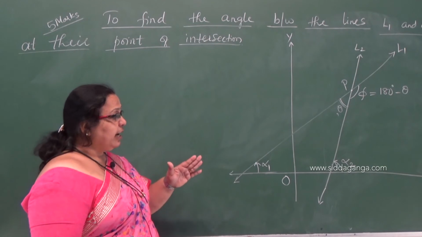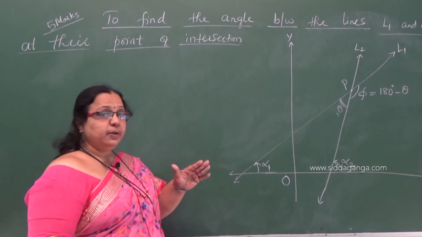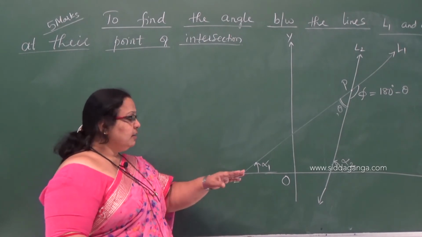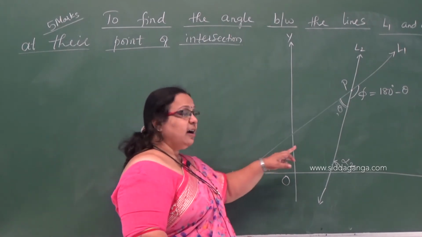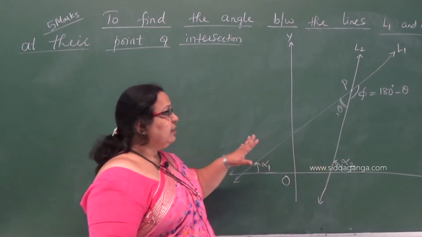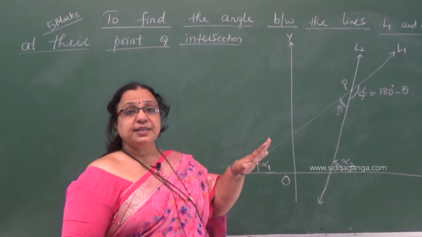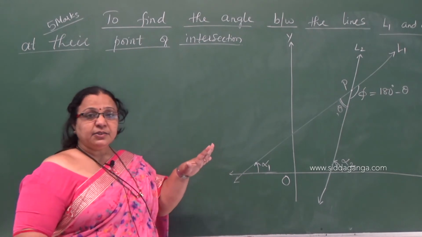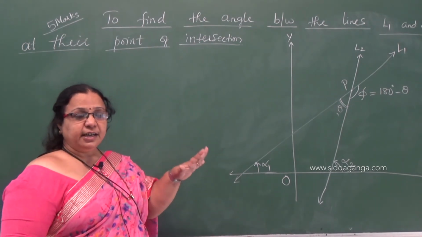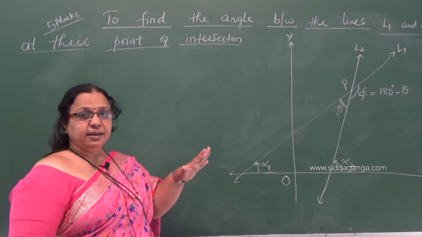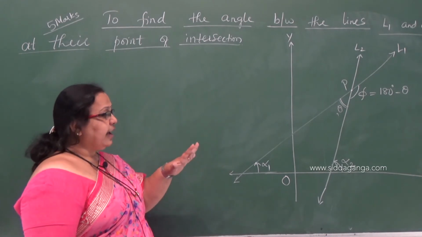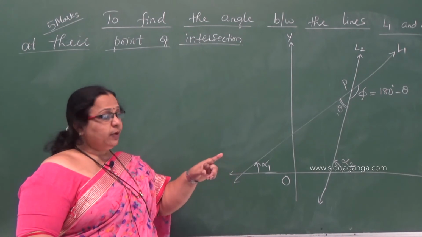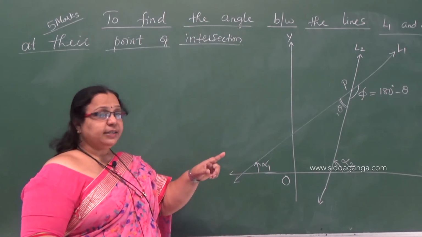Let the two lines L1 and L2 be inclined at angles alpha 1 and alpha 2 with the positive x-axis.